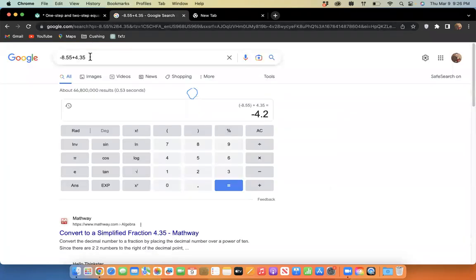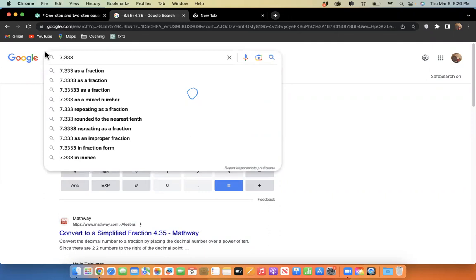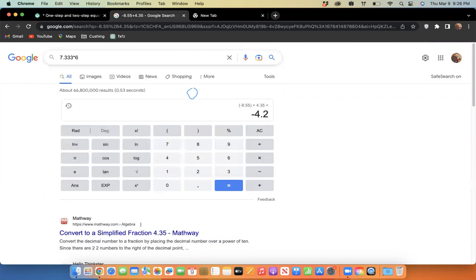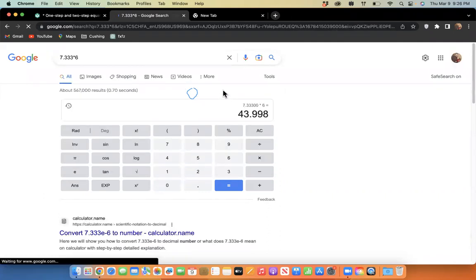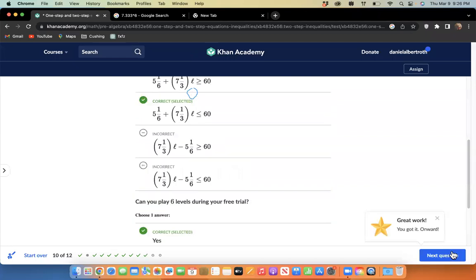May as well use Google. 7.333 times 6 is, call it 44. So 44 plus 5 and 1/6. Yes, that is less than 60. So I will say yes. Very nice.